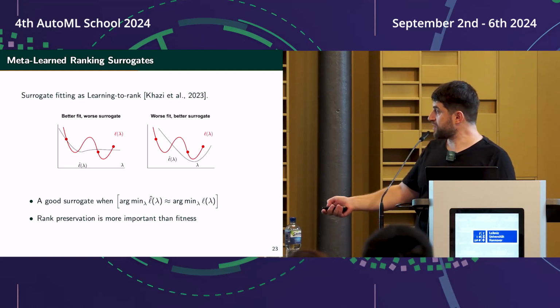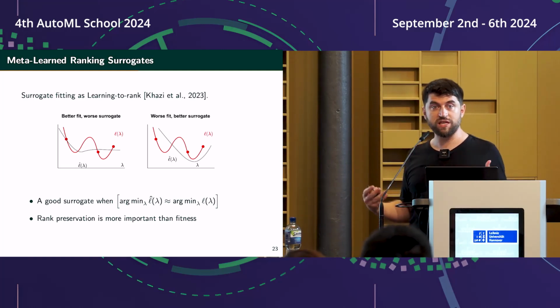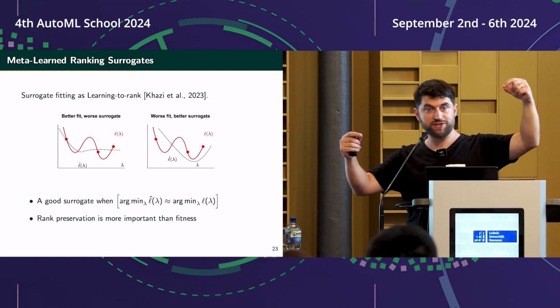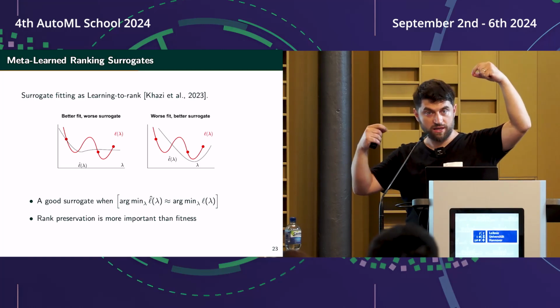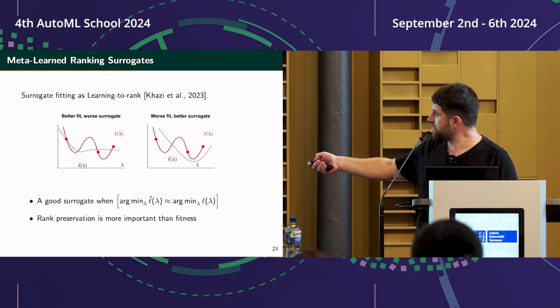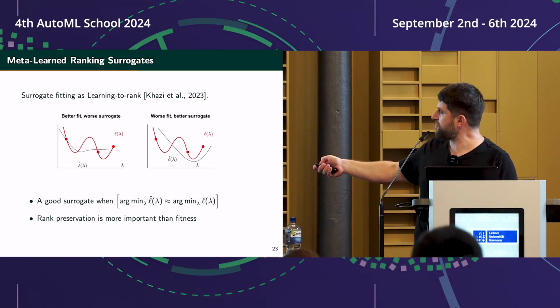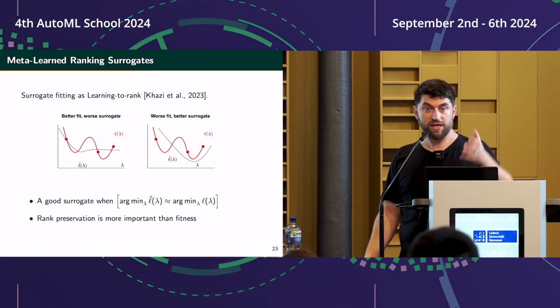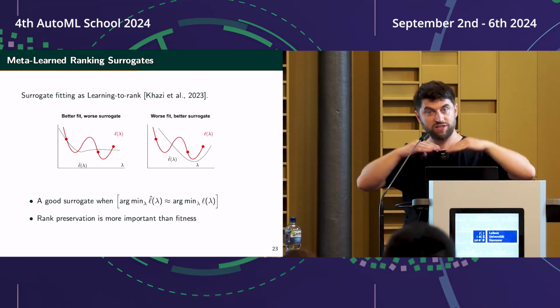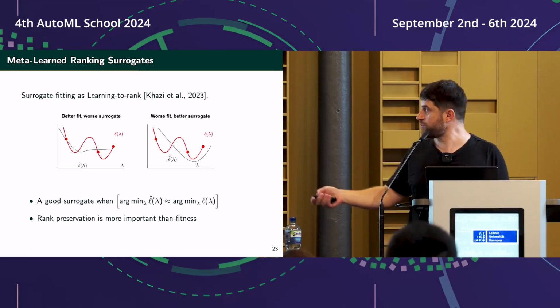And as a result, one way to ensure that the minima match is that if you take pairs of configurations, their performances are such that the rank is preserved. For example, that the estimated performance of this point is below that other point, both in the black box function and also in your approximated function. And that way, you approximate the location where the minima exist instead of just fitting a regression line, which might not fit well to the minima.